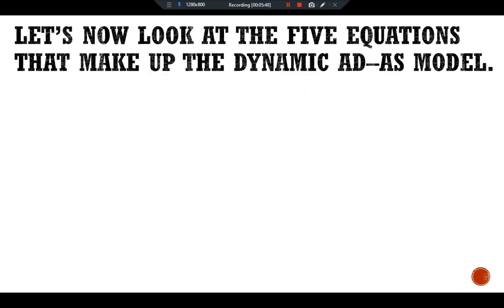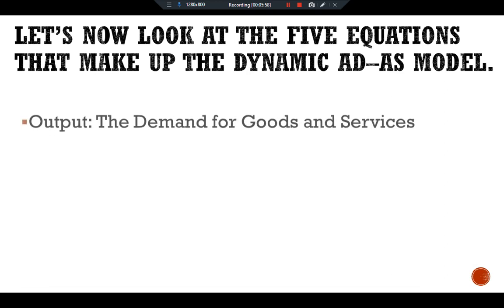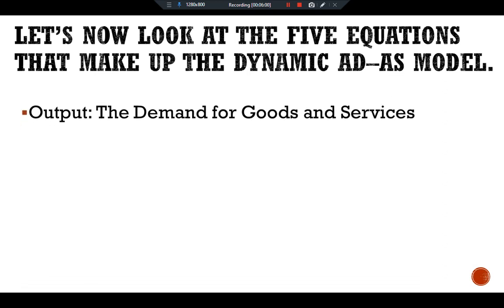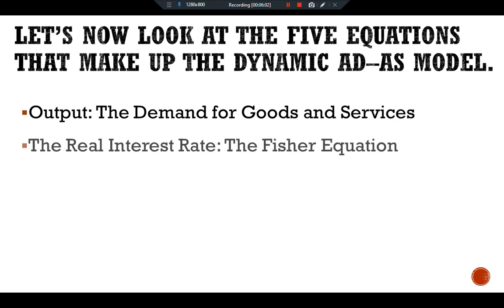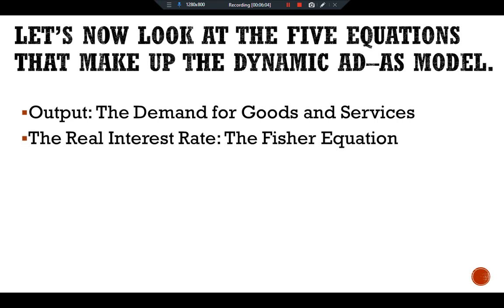Okay, let's now look at the five equations that make up the dynamic aggregate demand and aggregate supply model. First is output, the demand for goods and services. Second, the real interest rate, the Fisher equation. Third, inflation, the Phillips curve.